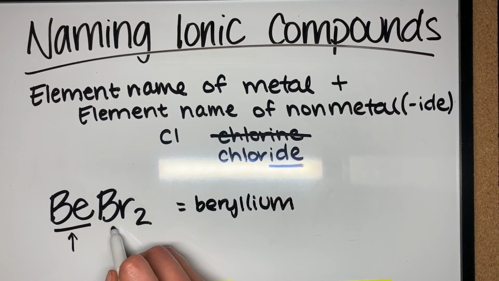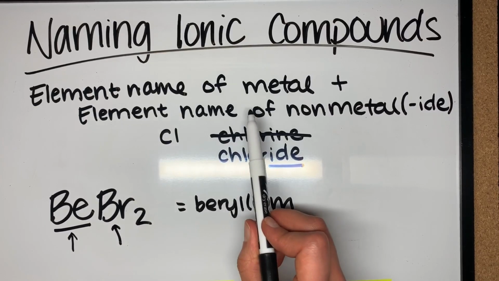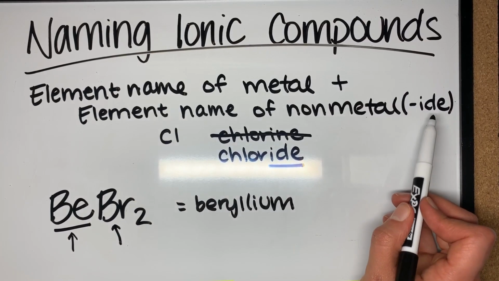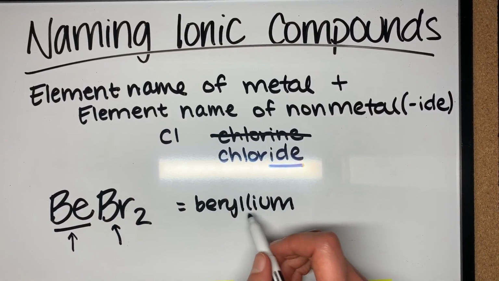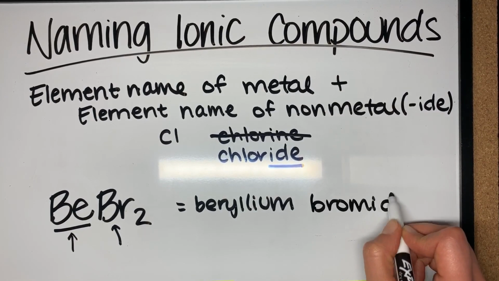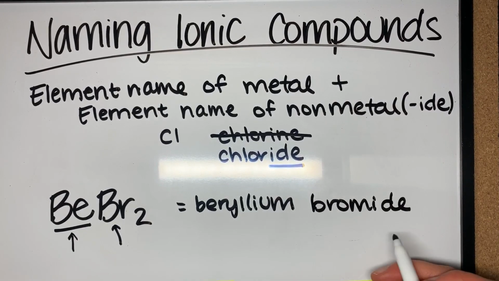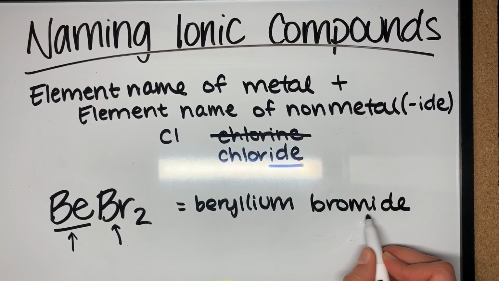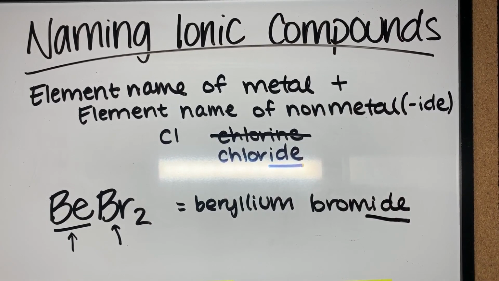And then we have the nonmetal bromine. So we're going to write the element name of the nonmetal, but with an IDE ending. So this is going to become beryllium bromide. Instead of writing bromine, we've replaced the ending with IDE. And that's how you name ionic compounds.